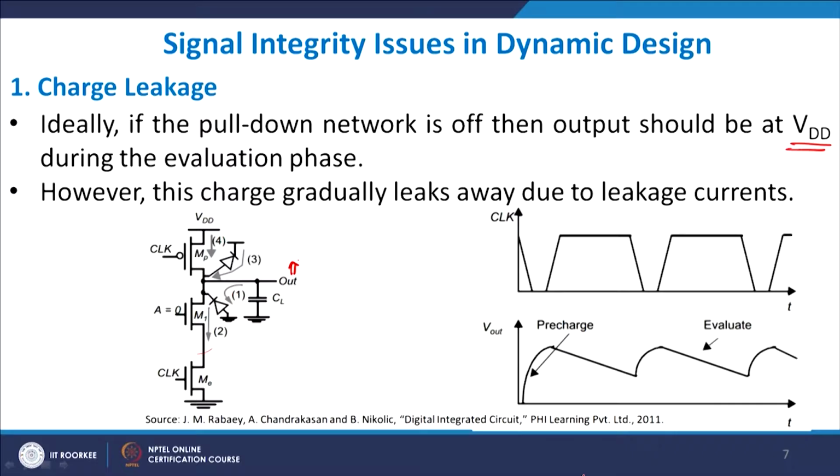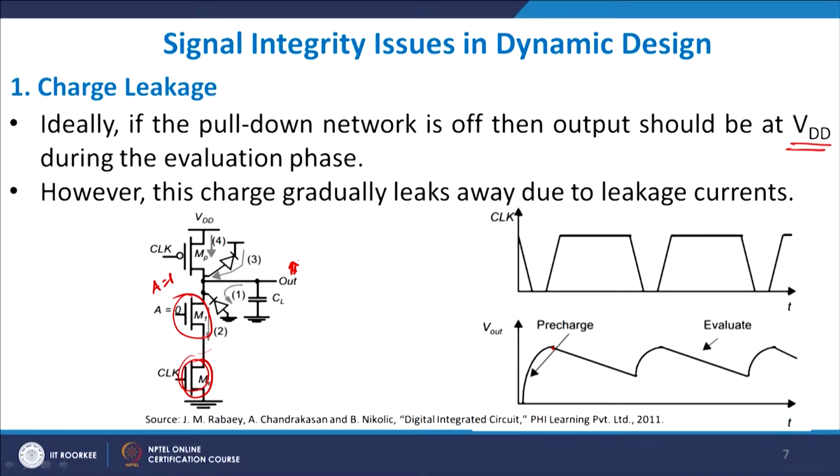However, there is a problem. When you precharge, your output voltage goes to a high value, but though ME is switched off, let us suppose A equals 1 now, and M1 was switched on.